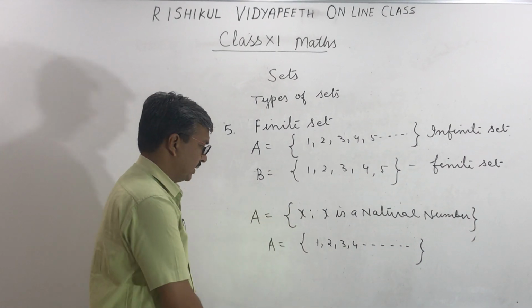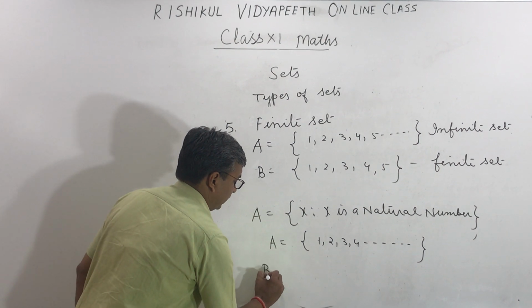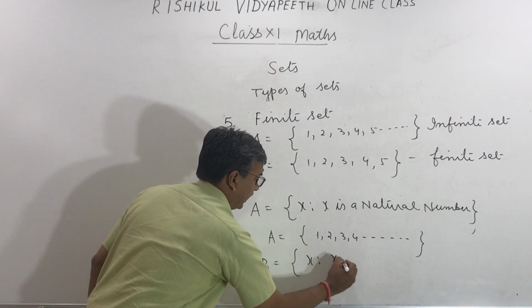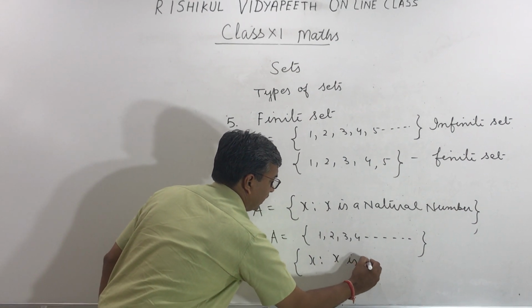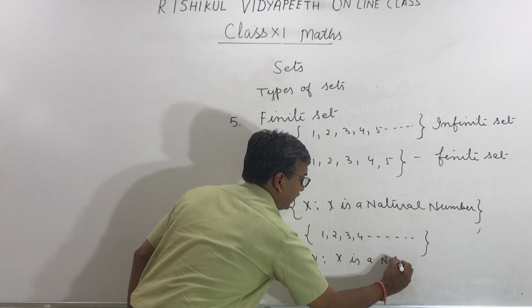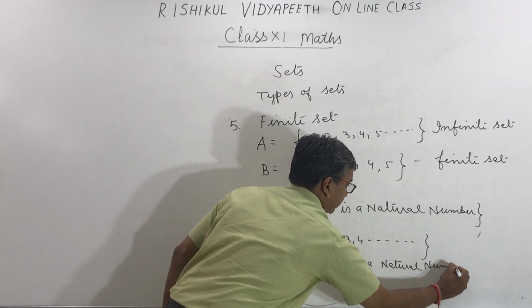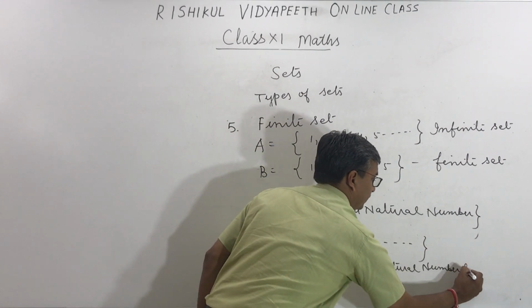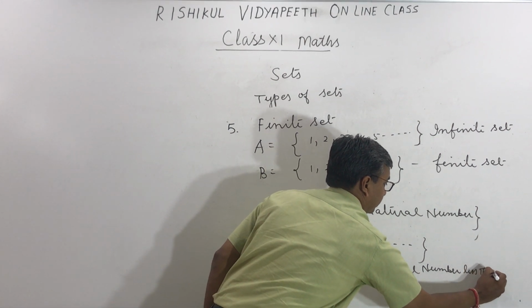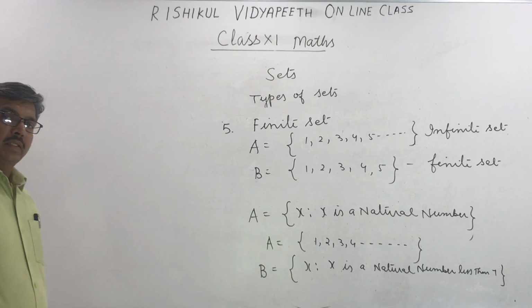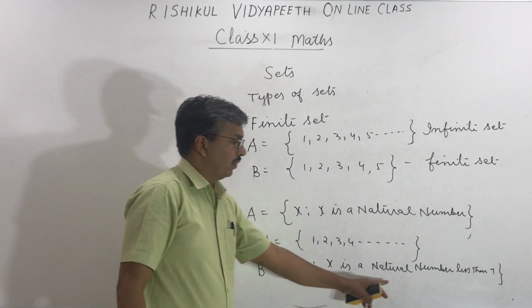We will take another example. Let set B be {x : x is a natural number less than 7}. This is also in set builder form.